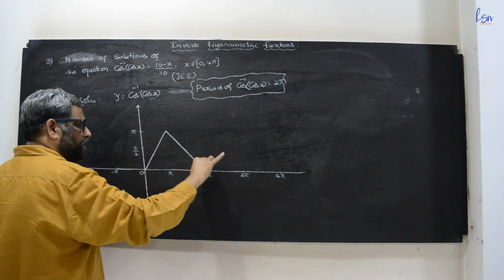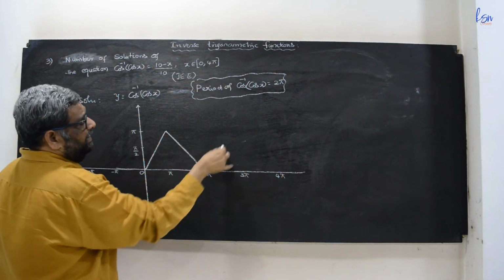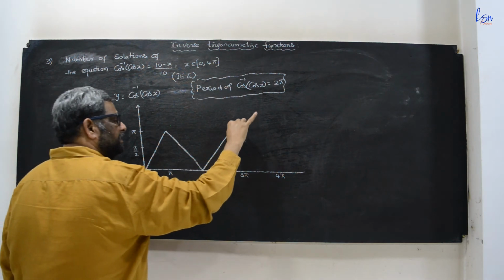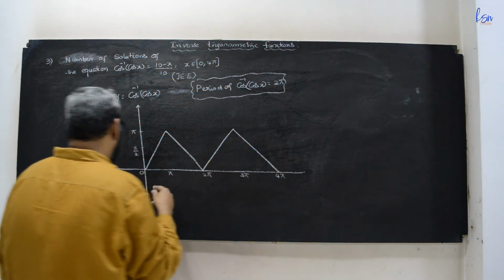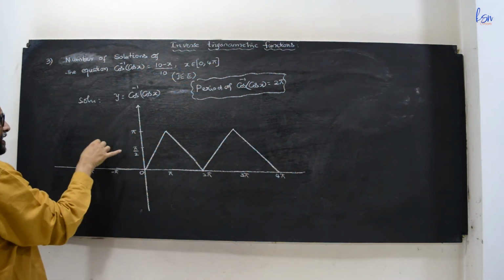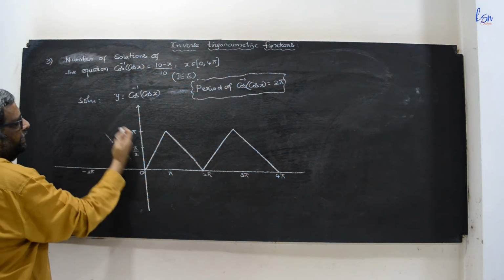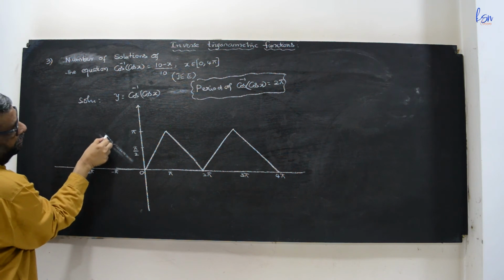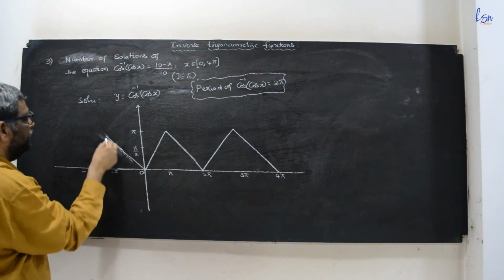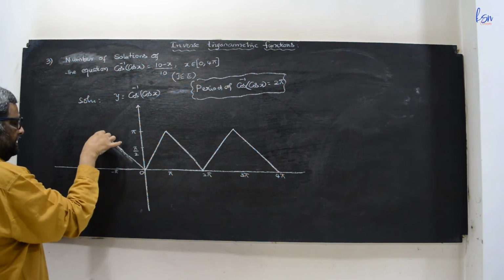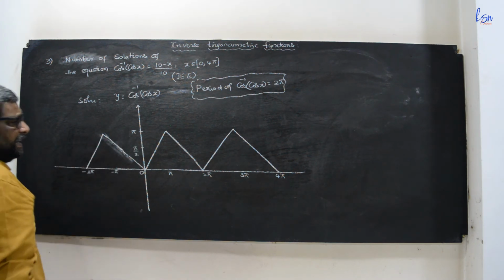Because it is periodic about 2 pi, the second one is also like this. On this side also you will find the same. So here also the curve will be like this. It will extend like this.